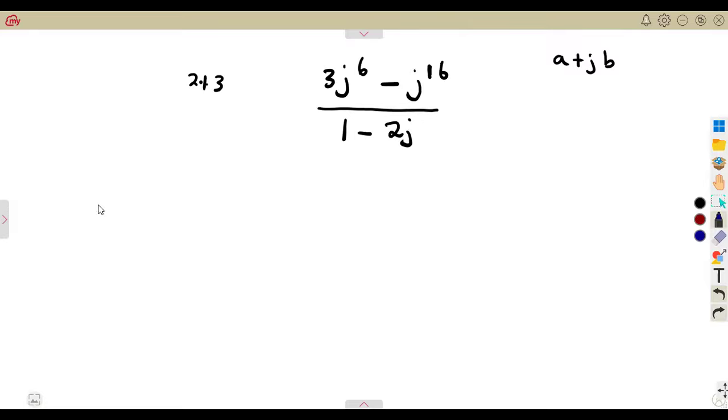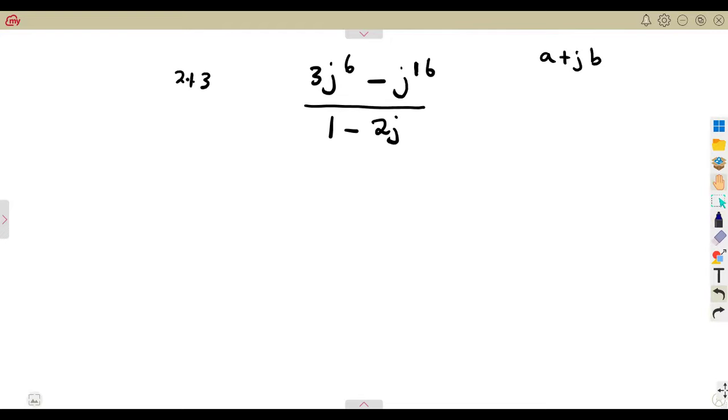Let's see what we have. Remember that we have got the j squared that we are used to in terms of exponents, that it gives us a minus 1. Not these exponents, 6, 16, whatever that we have there. So can this be simplified in a normal way? Remember, there are questions that you can actually be given, just to simplify this.